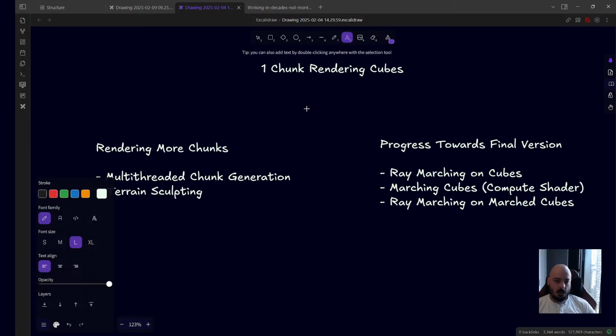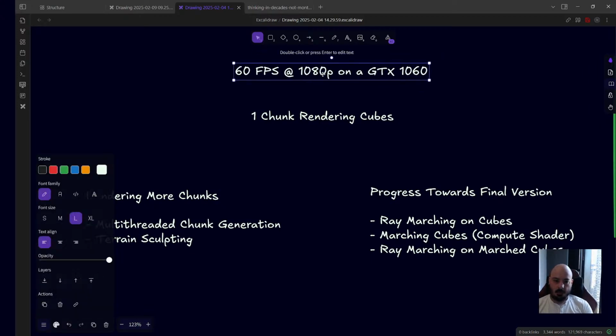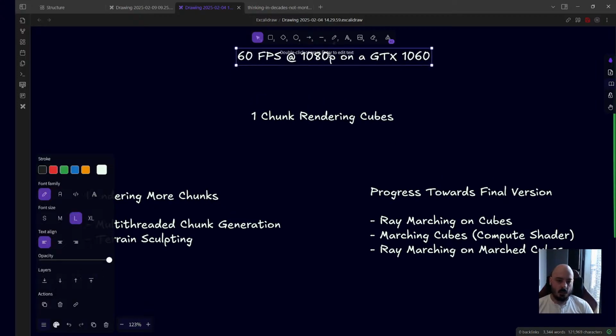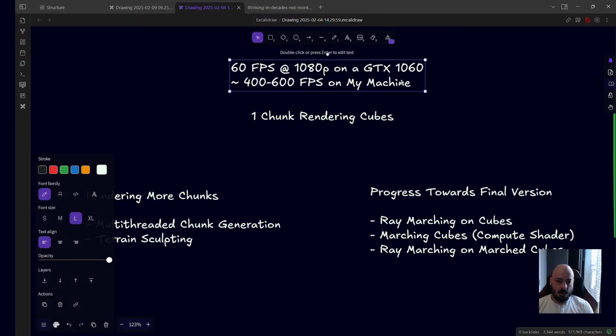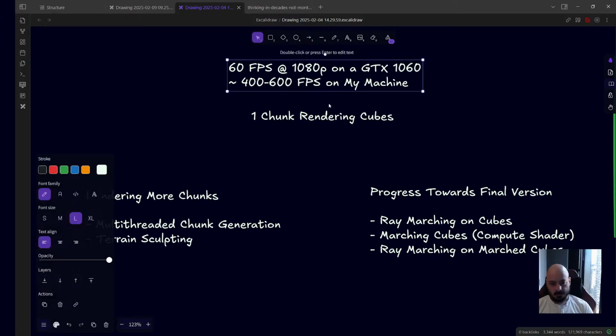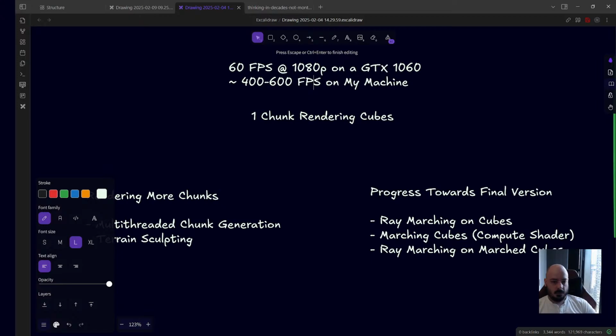So my goal is 60 FPS at 1080p on a GTX 1060. Is that the one I'm targeting? Yeah, I think 1060 here. Which means roughly 400 to 600 FPS on my machine. I've got a 3090, so I kind of just roughly calculate the difference between those cards and get something around this at 1080p as well.